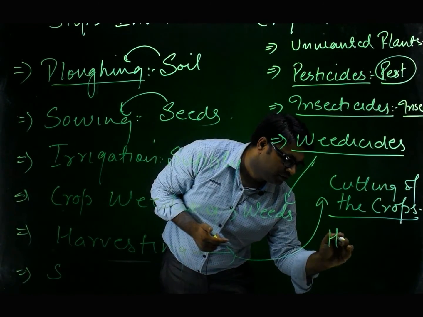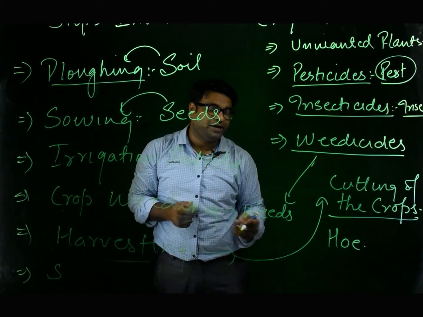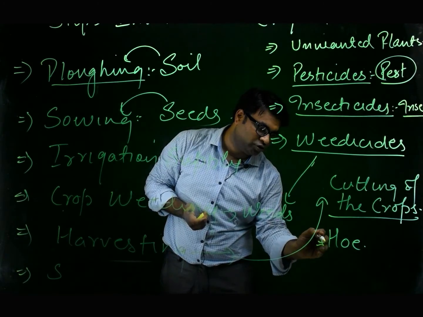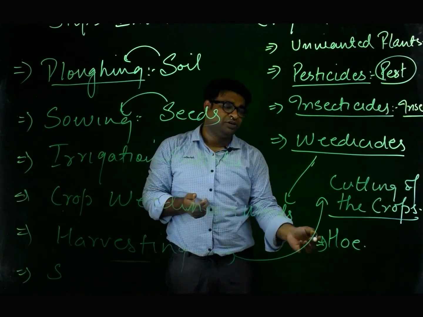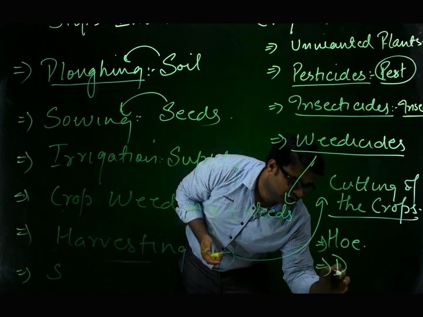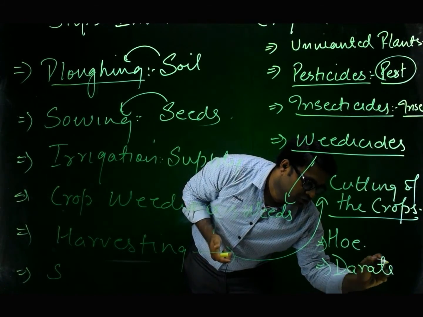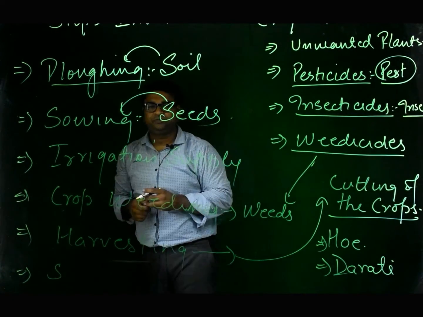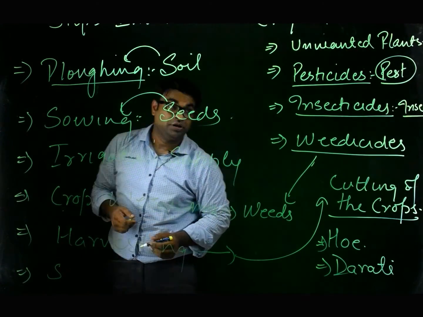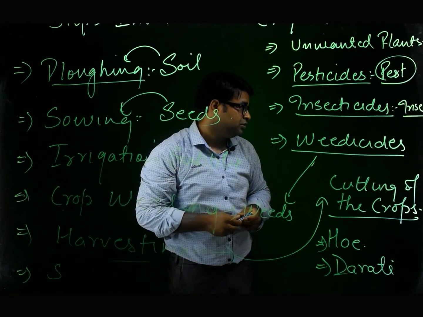We call it a hoe, and there are other methods too, like what we call the darati, through which we cut the crops. So harvesting has been done. After harvesting, the next and final step is storage.